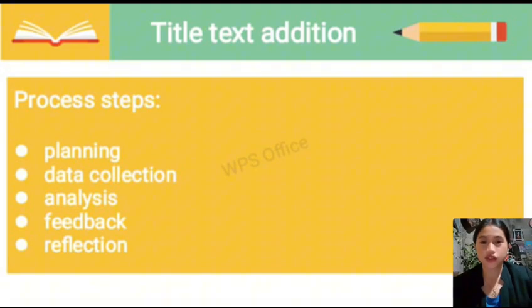Data collection: gathering evidence through various assessment tools like tests, projects, observations, and portfolios. Analysis: scoring and interpreting the data to understand student performance. Feedback: providing constructive feedback to students to guide their learning. Reflection: evaluating the effectiveness of assessment methods and making adjustments if needed.